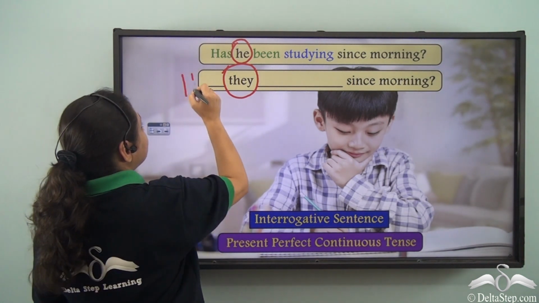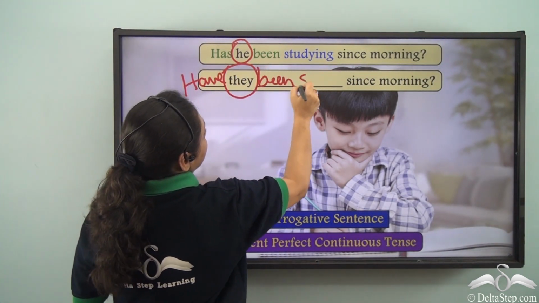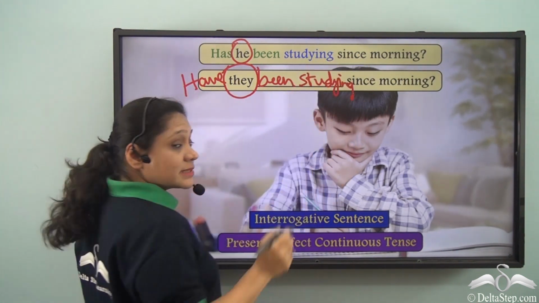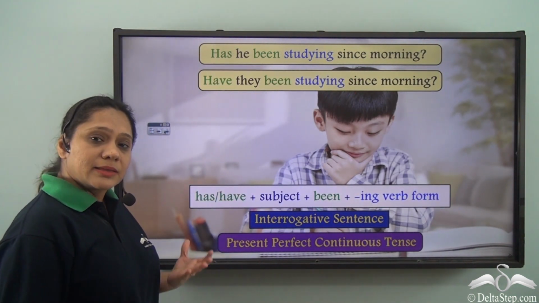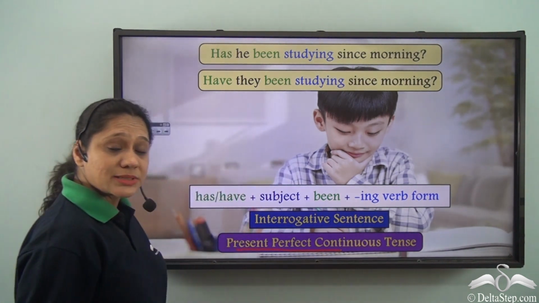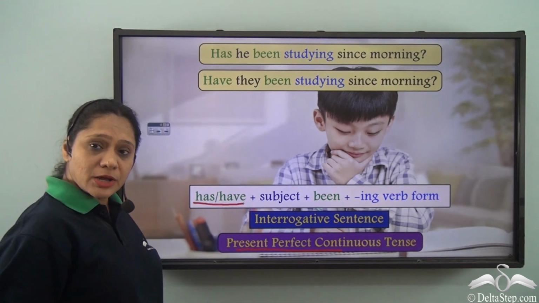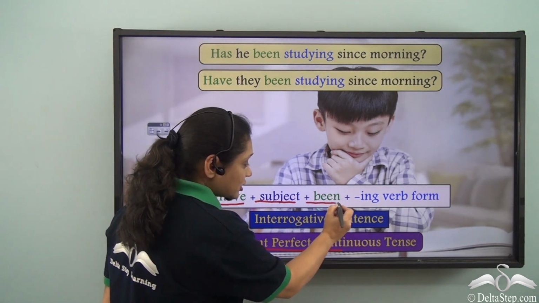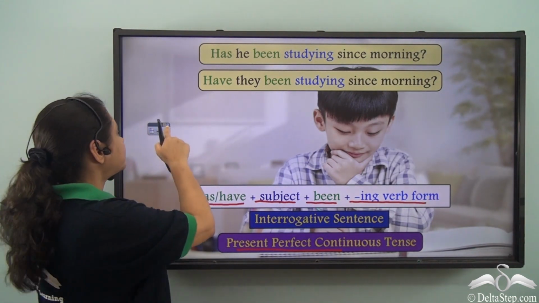It will be, have they been studying since morning. So we see that the interrogative sentence portraying the present perfect continuous tense can take the form has or have depending on the subject, followed by the subject, followed by the auxiliary verb been, and then the ing verb form.